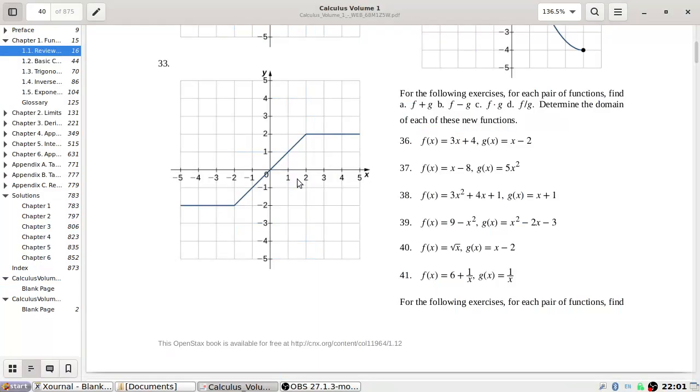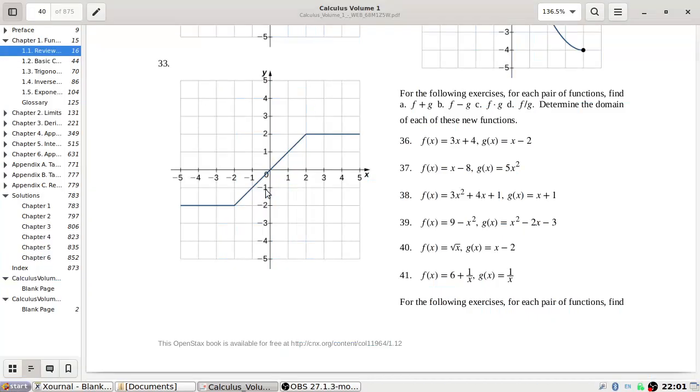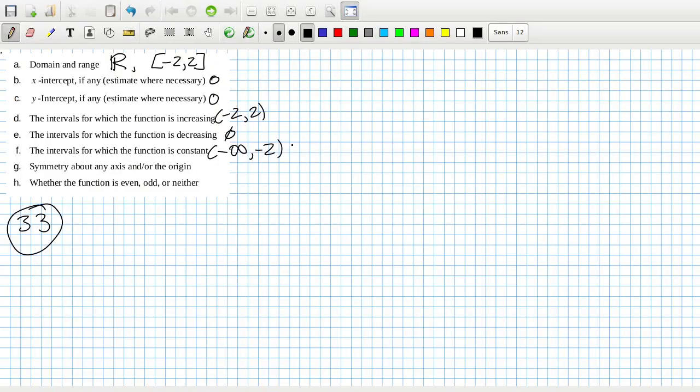Constant? Up to -2. And it's also constant, but a different constant from 2 to infinity. So 2 to infinity.